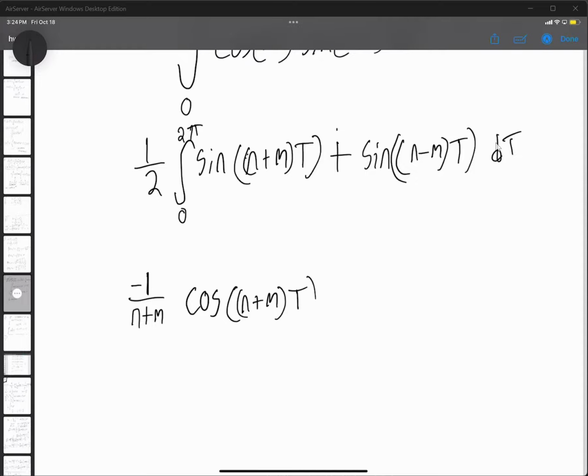We're going to have another minus over here, because we're integrating sine. Okay, never mind, I'm confusing myself. 1 over n minus m cosine of (n minus m) t dt. Evaluate these from 0 to 2 pi.